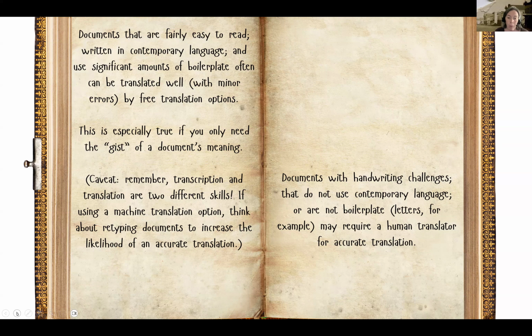You have to remember, however, that transcription and translation are two different skills. If you're using a machine translation program or AI, think about retyping documents to increase the likelihood of an accurate translation. Documents with handwriting challenges that do not use contemporary language or that are not boilerplate letters, for example, may require a human translator for accurate translation.